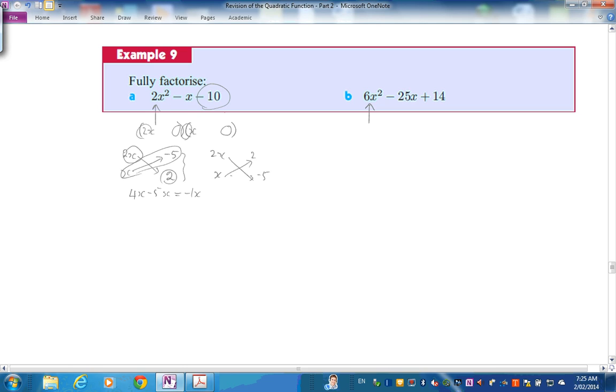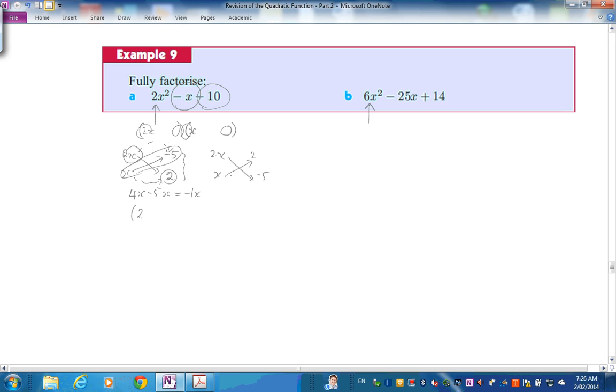Okay, see what we're doing there? We're trying to get this middle term. There's two ways of doing it. You could have 2x in one bracket and -5 in another. -10x plus 2x, which would have been -8x. So this is a bit more complicated, looking at the combination of factors in both brackets.